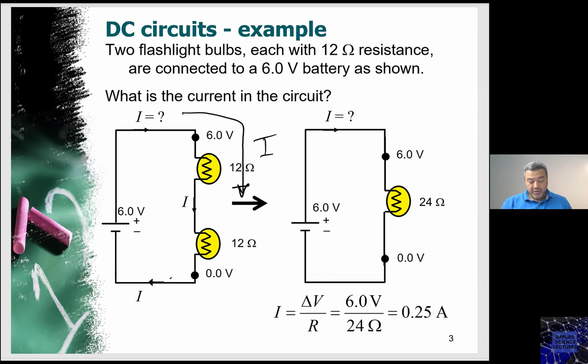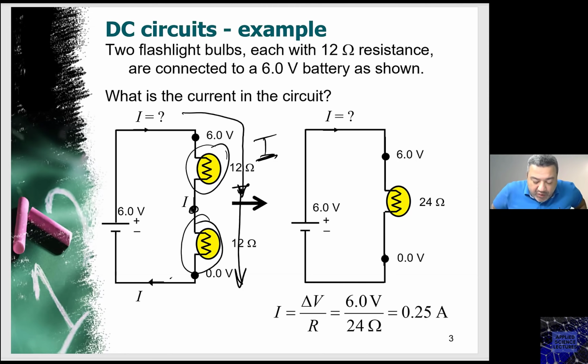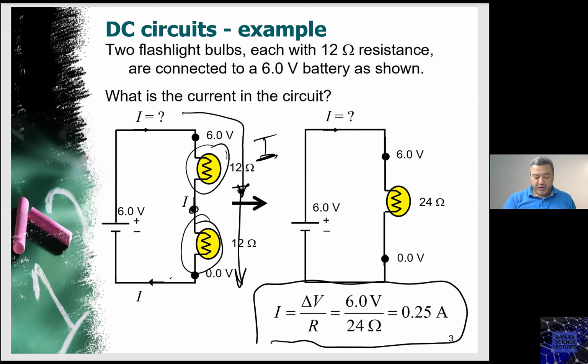But right now, since there is no other component sharing this node, this means the whole current I is the same going into the first light bulb, and it is the same going through the second light bulb. I need to calculate the current, and as you can see, the current is going through both of them, and my potential difference is the one across both of them.